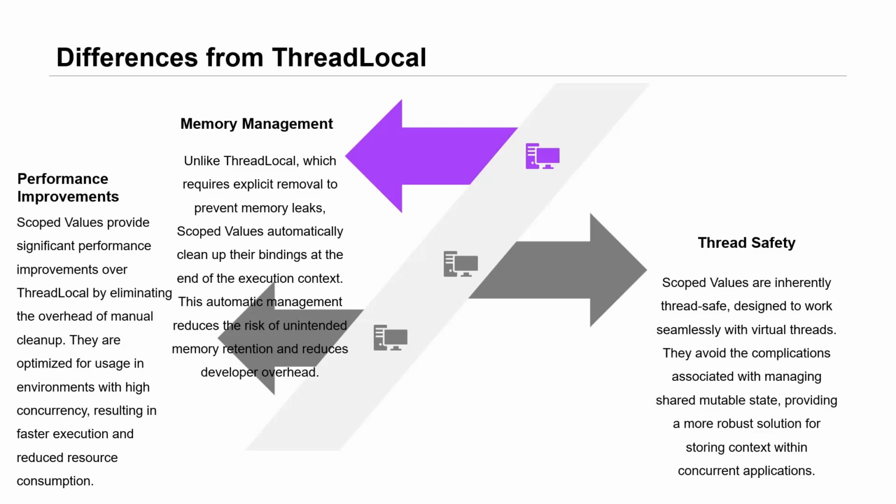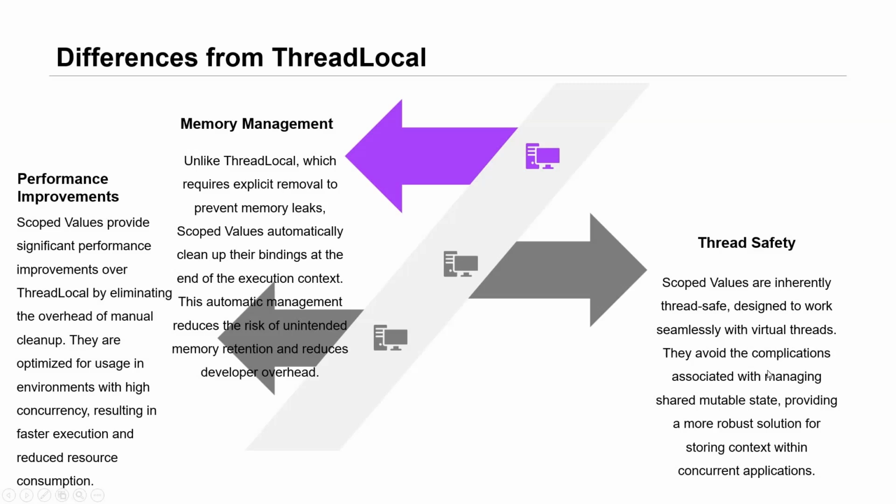Obviously, it is one of the manual overheads that we need to clean up for the ThreadLocal, which is basically removed or automatically taken care of with these scope values. Now, if we talk about thread safety, these scope values are inherently designed to work seamlessly with virtual threads.